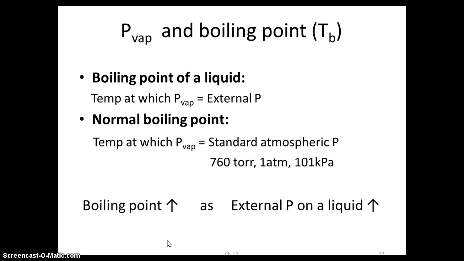That is 760 torr, or 1 atmosphere, or 101 kPa, which is kilopascals. So the boiling point increases as the external pressure on a liquid increases.